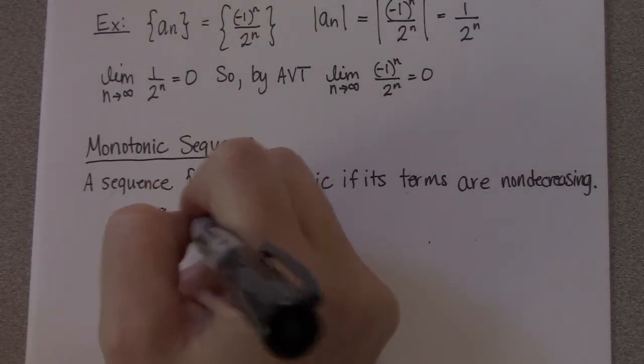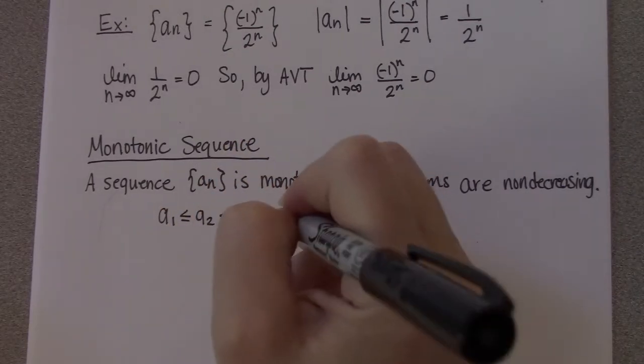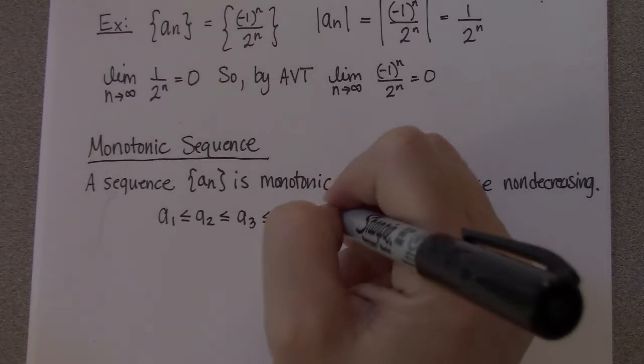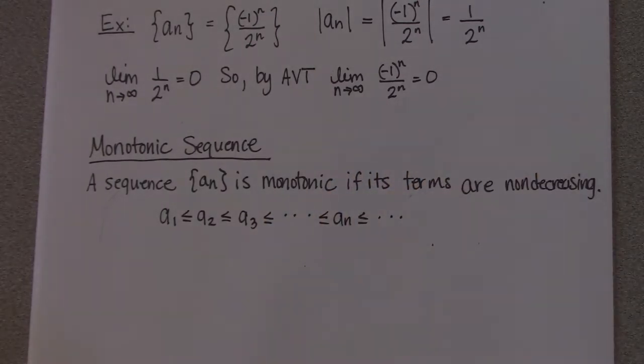So what we mean by that is, mono means 1, so literally we mean the sequence is moving in one direction, right? One direction, okay? So that means it's steadily increasing or it's steadily decreasing.